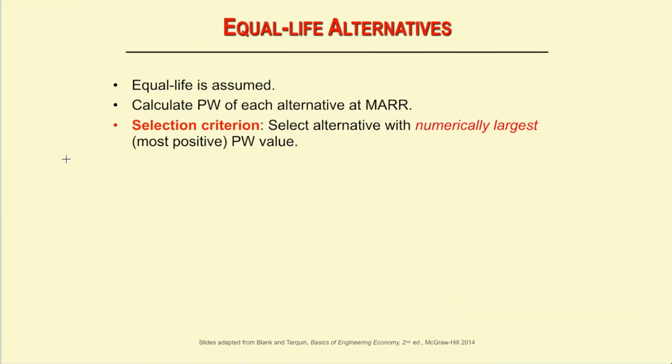Now let's discuss how to apply present worth analysis to compare multiple alternatives that have equal life. To compare equal life alternatives, the present worth value of each alternative is calculated at MARR, and then the alternative with the numerically largest or the most positive present worth value is selected.